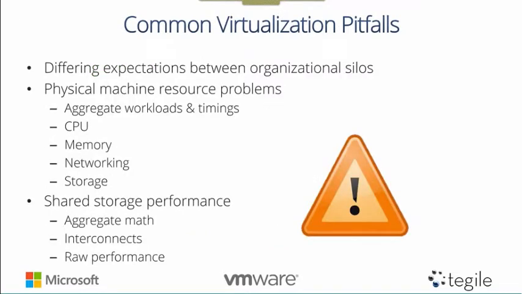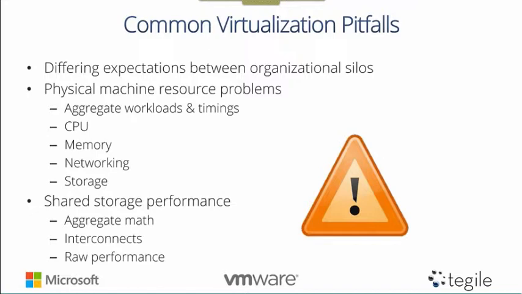Now, when it comes to the pitfalls around virtualizing and managing this stuff, there's some fundamental differences in those organizational silos. You've got networking, you've got storage, you've got security, you've got a system administration group, you've got hardware admins, and then you've got the data teams, and then you've got developers, and they all have different expectations, they all have different priorities.